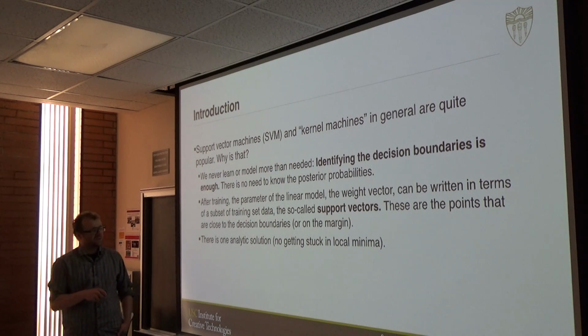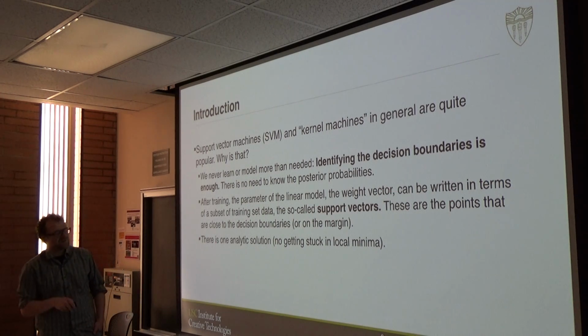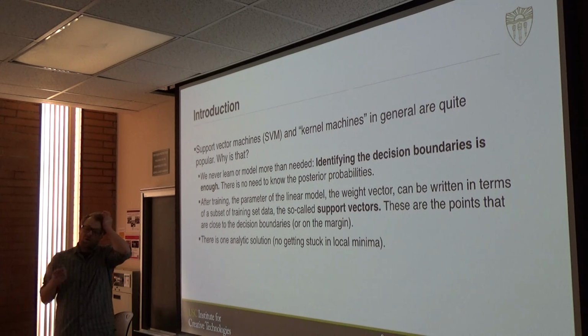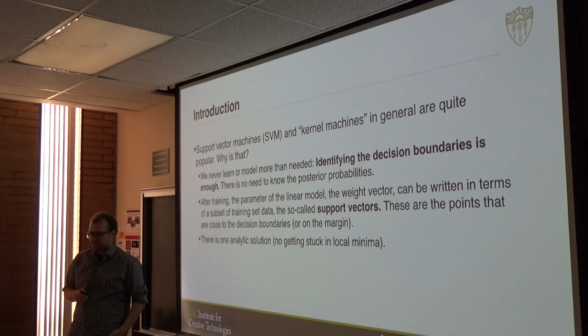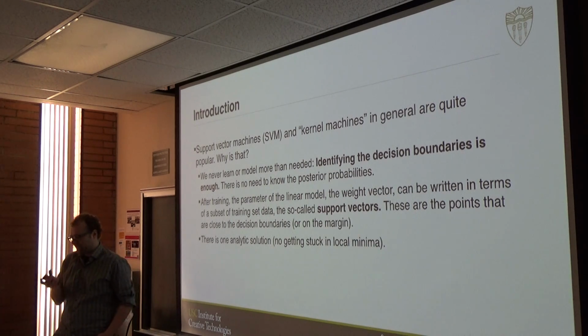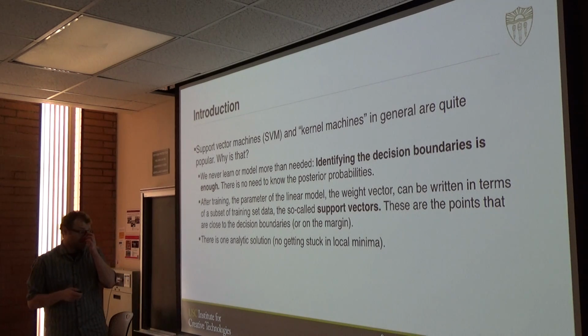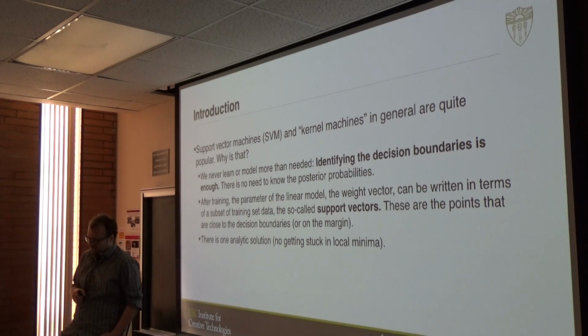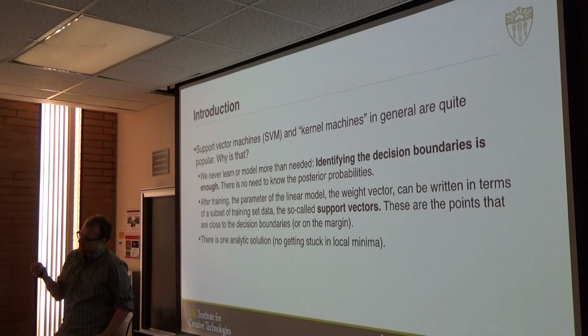Another important aspect, and we're going to talk about these support vectors in more detail in a second, is that there is one analytic solution, and there is no getting stuck in local minima. So that's a cool feature as well. Support vector machines are really great in that you can get a good starting sense of how good a classifier would be.